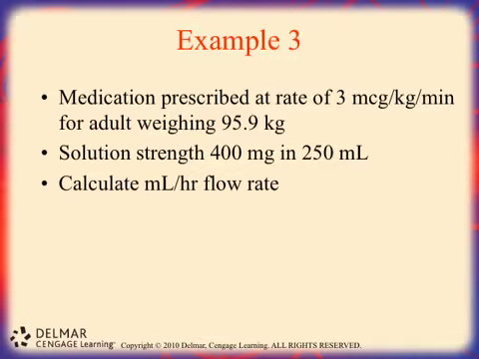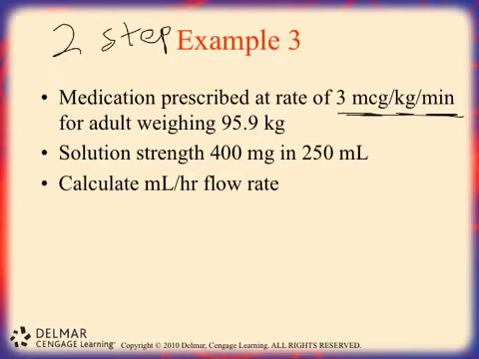Now in example number 3, it is using weight as a prescribed order. And so what the doctor is asking is for it to be given at a rate of 3 micrograms per kilogram per minute. And so what we'll do first is a two-step flow rate calculation per dosage per kilogram ordered.